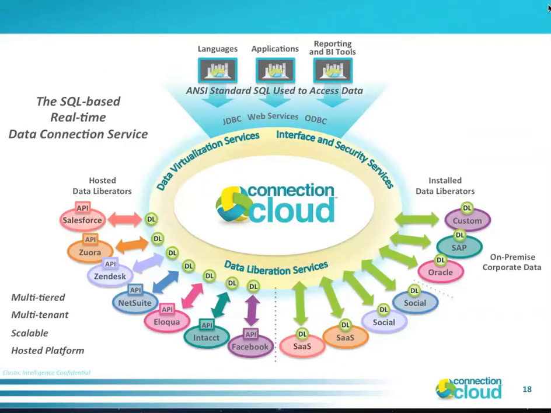So the Connection Cloud currently has Liberators available for a wide host of SaaS applications, anything from Salesforce to Intact to Facebook. And we also provide a Liberator toolkit, which allows you to create custom Liberators for behind the firewall applications, for big data sources, or for some of the many, and it's about 50% of the SaaS applications out there, that actually have no API.